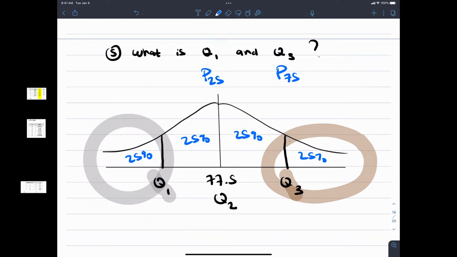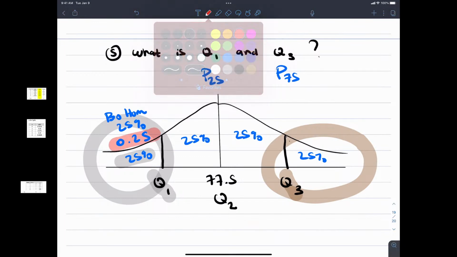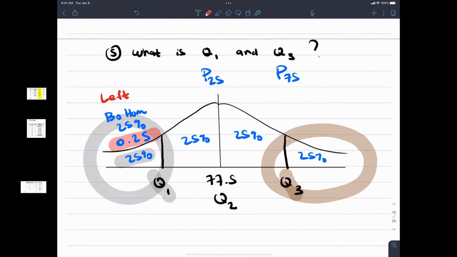Okay, did you guys get these in your calculators? This is going to be the bottom 25%. 25% is 0.25. In the TI, that's known as a left tail.